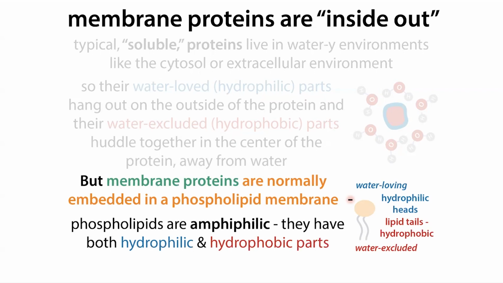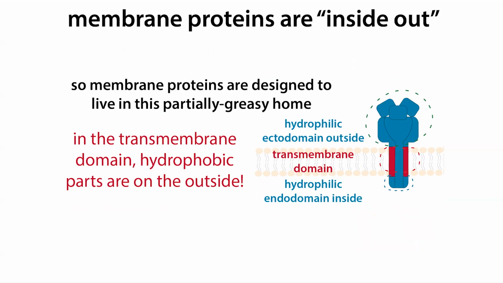Because if you think about our cellular membranes, they're made up of phospholipids, a phospholipid bilayer. And phospholipids are what we call amphiphilic. They have both hydrophobic parts and hydrophilic parts. Their hydrophilic parts are going to be these water-loving heads, and then they're going to have these hydrophobic or lipidy tails.